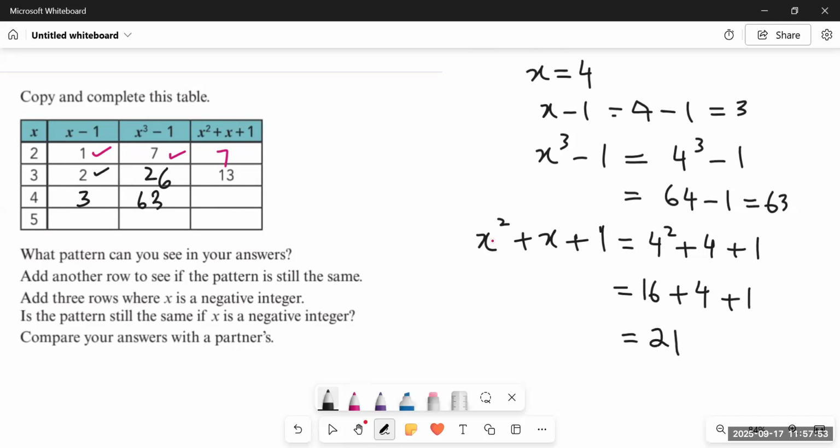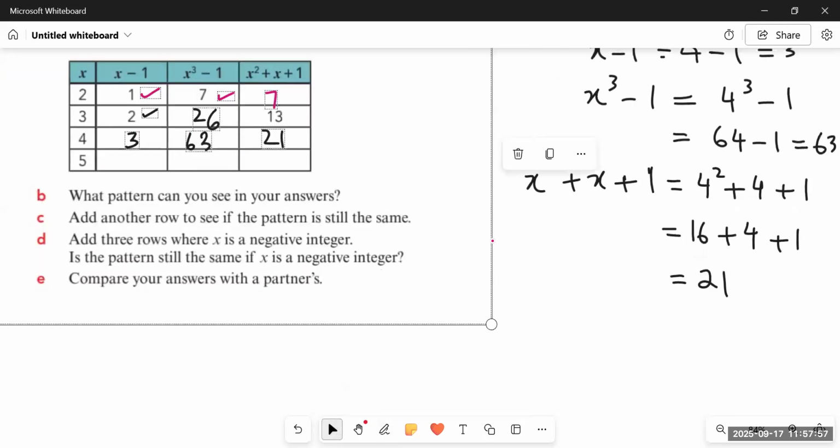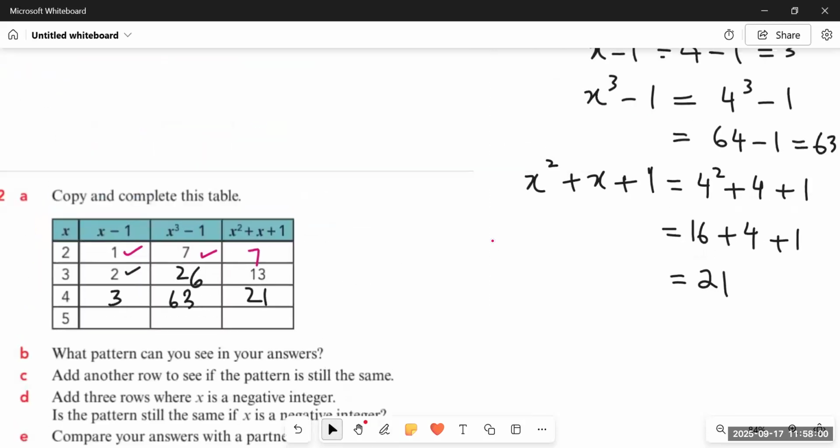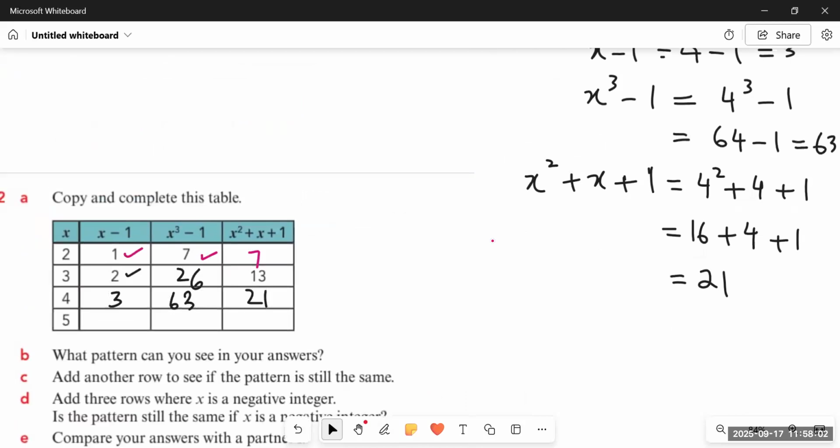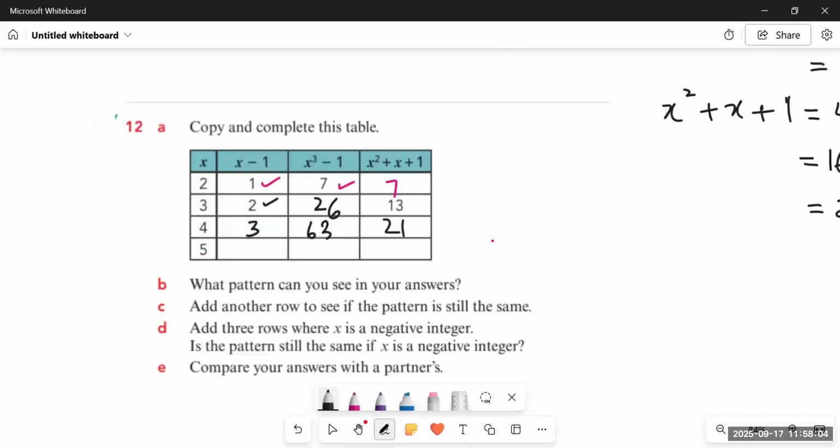Oh, wow. It means I got what the pattern is. We have to find what pattern you can see in your answers. So students, if you look at the first column, here 1, and the third column, and you multiply these two, the answer would be there in the second column, you see.